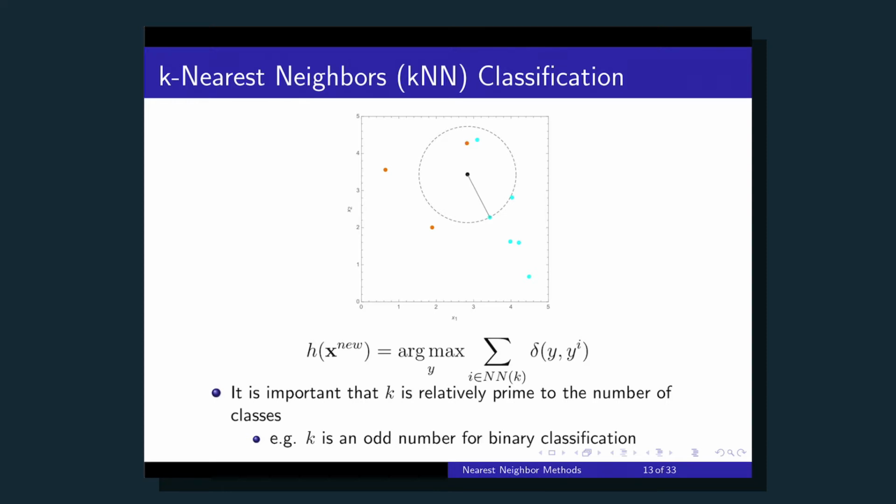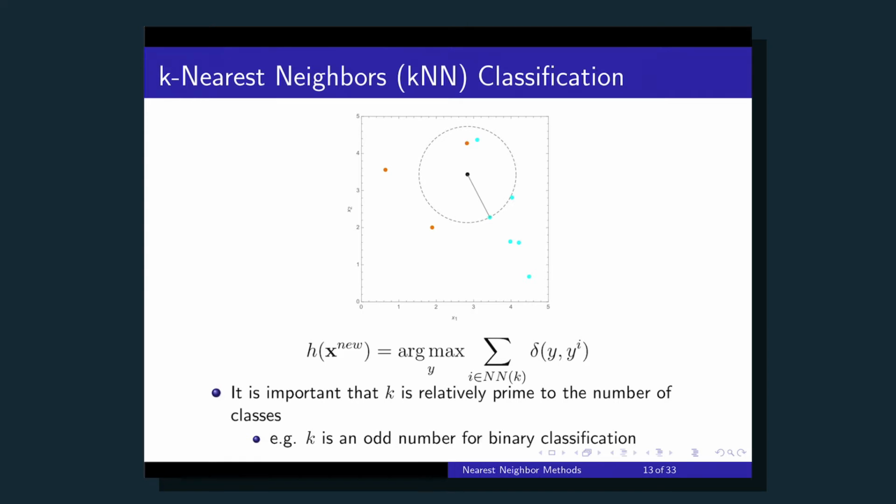Okay, so you find the 3 nearest neighbors, and what you do is you maximize the label for which most of the neighbors agree. So in this case, if it's just two classes, just orange and cyan, then you say, okay, now I have 2 cyan neighbors and 1 orange neighbor.